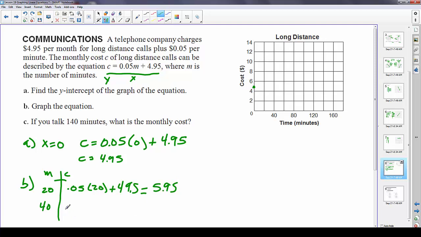When I plug in 40, 0.05 times 40 plus 4.95, it's 6.95. So if I graph these, 5.95 is right around here. 6.95, let's call it right around here. And in that case, I connect the dots. My graph is something like this.